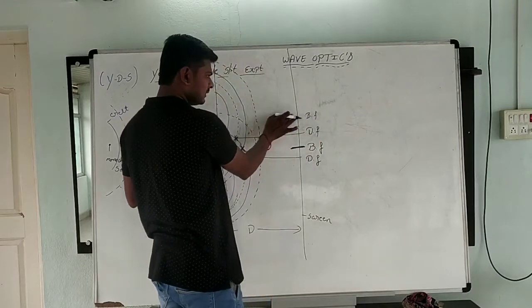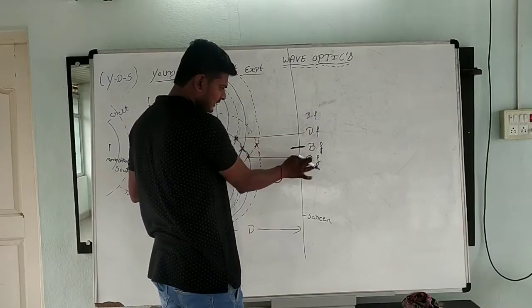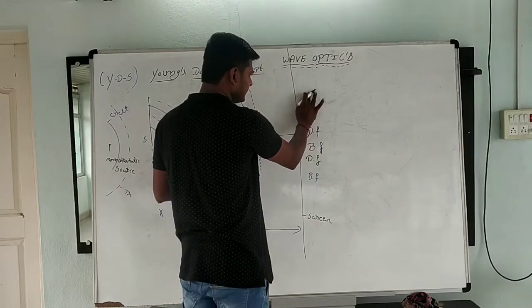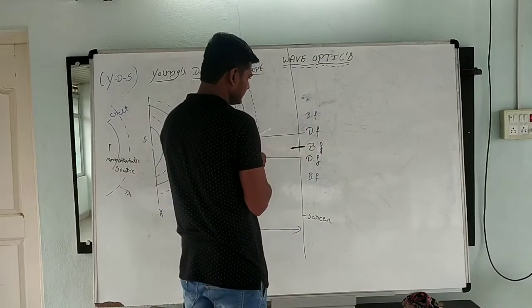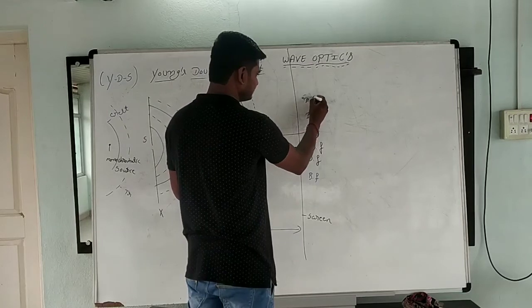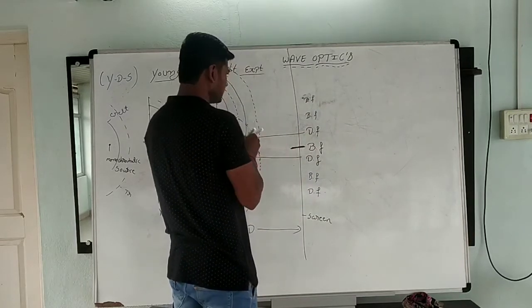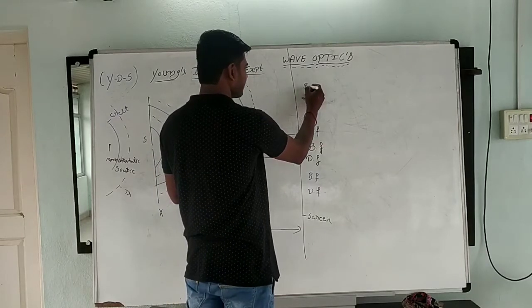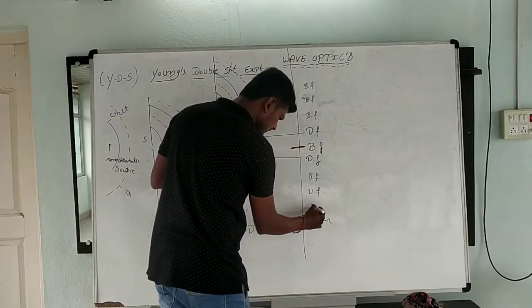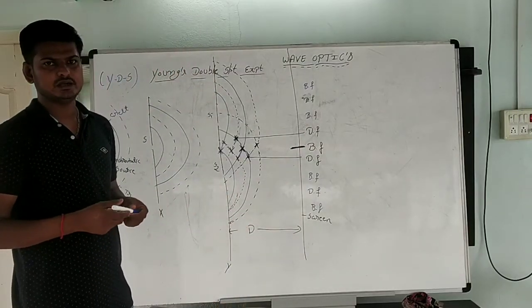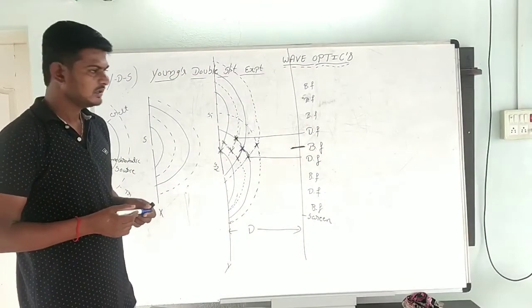Moving away, it will be a dark fringe, then again bright fringe. When you come below also, bright fringe. Like this, we will get alternate bright and dark fringes.